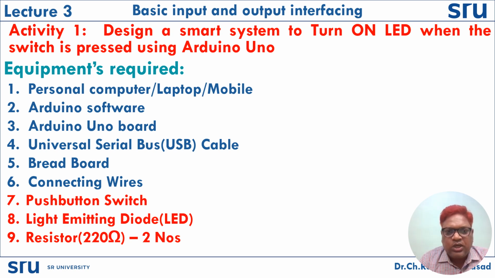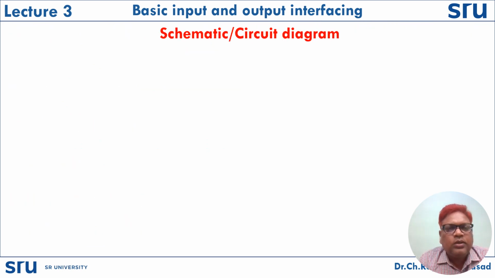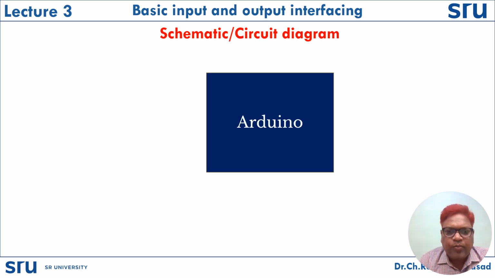These are the components which we require for basic input and output interfacing, that means push button switch and LED interfacing. Let us see the schematic diagram for the current application. First, we need to take the Arduino UNO. One more thing we need to note is that both the switch and LED which we are choosing are digital input and digital output.